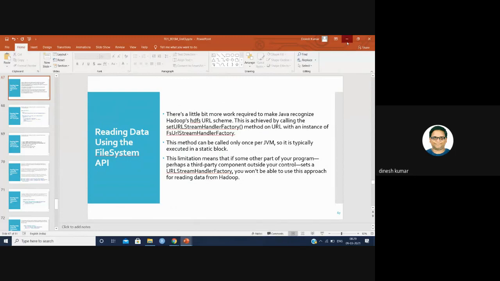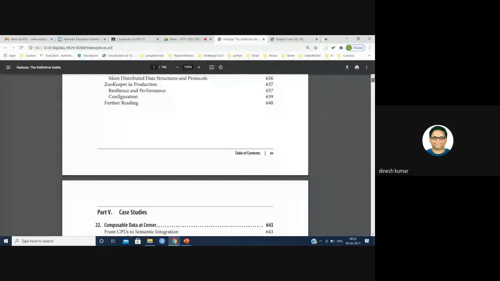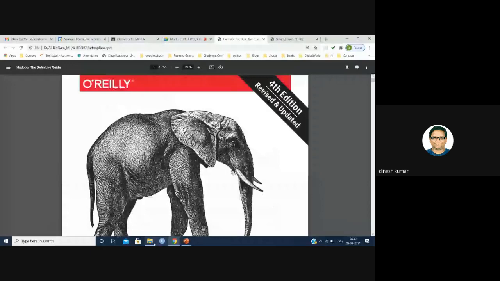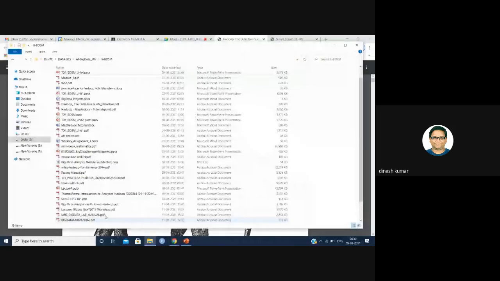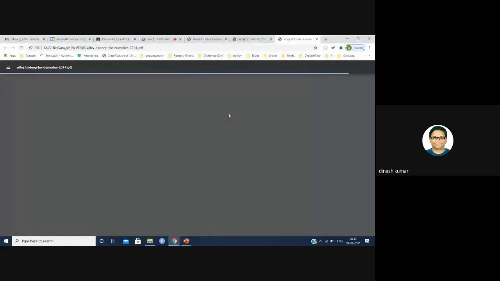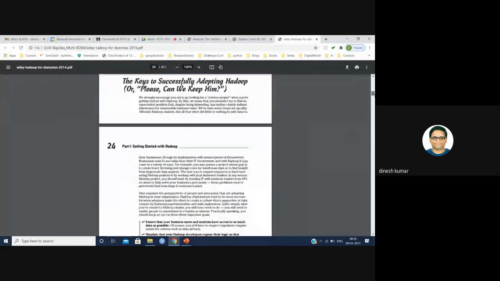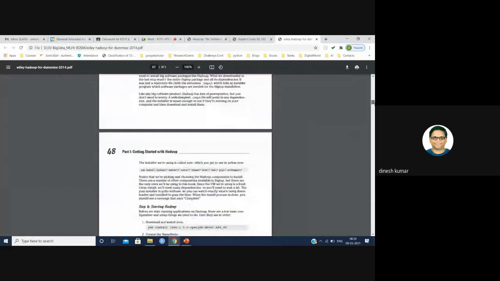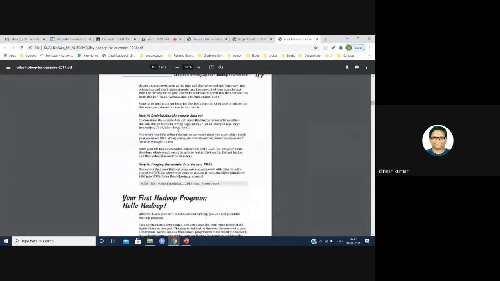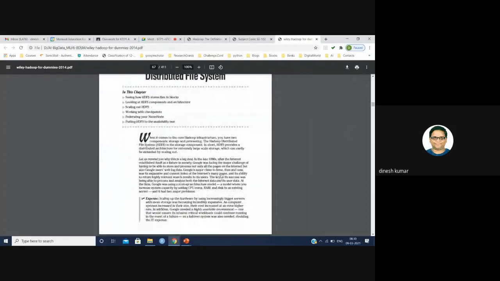One is the textbook, and the other is a book which is for dummies, it says, but things are nicely explained even in this book. So Wiley Hadoop for Dummies. Okay, it does not include so many programs, but it is also a comprehensive book. These 2 books I have uploaded. Please do download. If you cannot download, let me know.